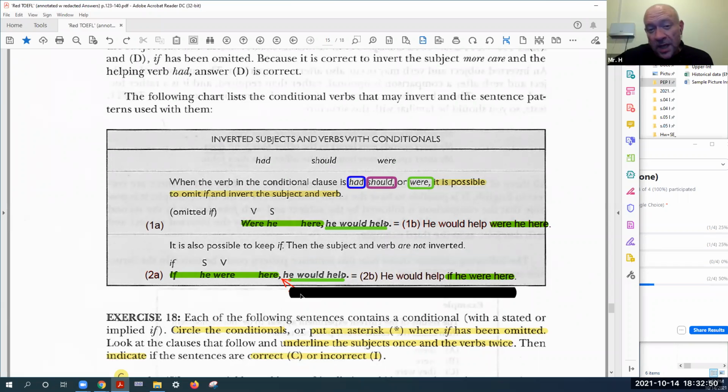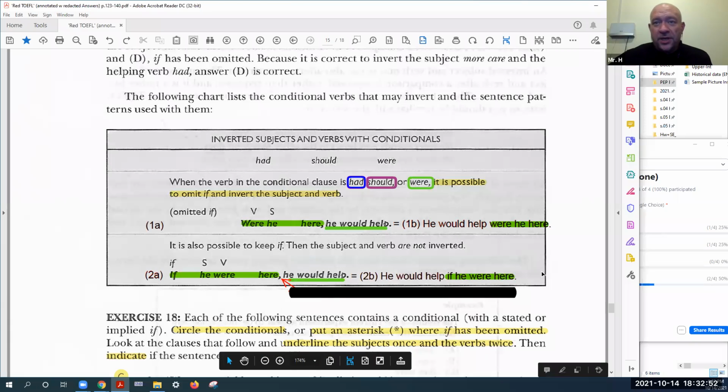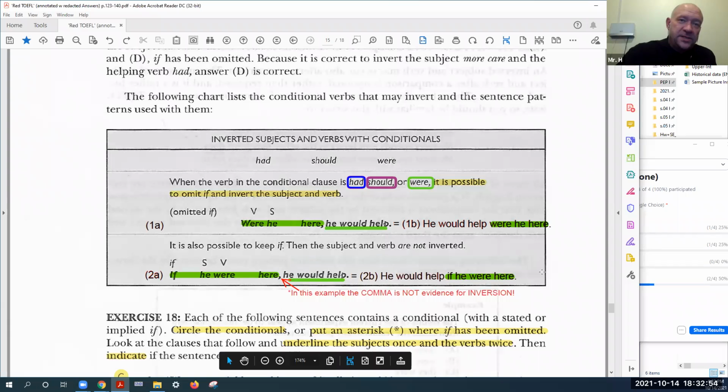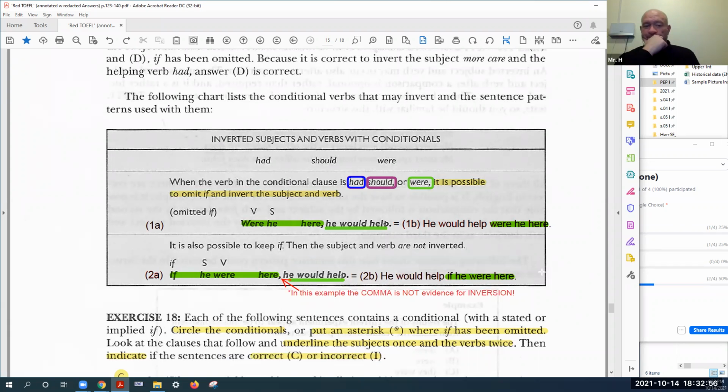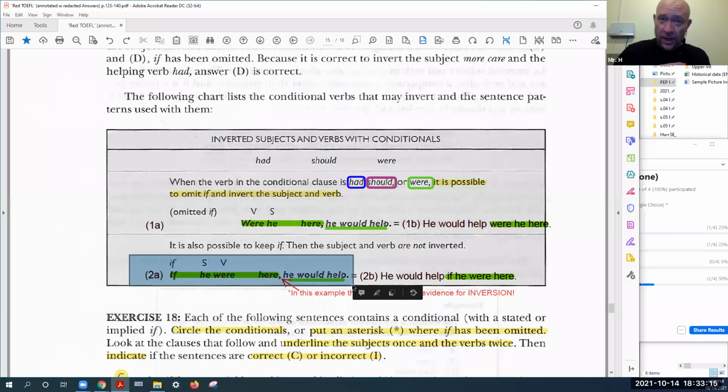Now, I'm going to show you something here. I want you to read this, Al Harbi. What does it say? In this example, the comma is not evidence for inversion. Some students look at this example, they see a comma, and they think, oh, there's a comma, so we should invert or do not invert, right?